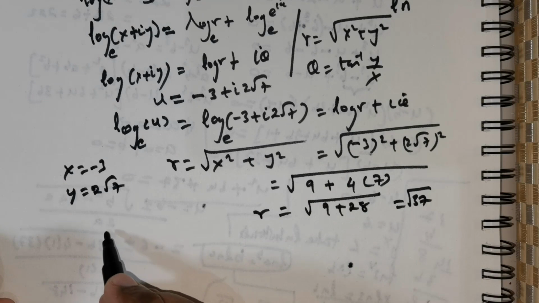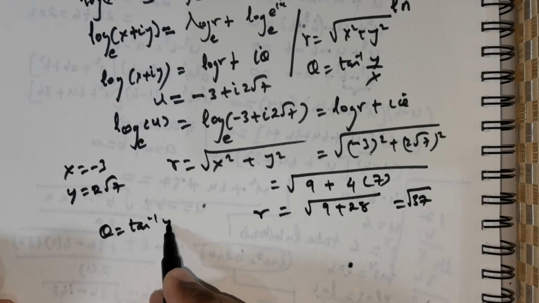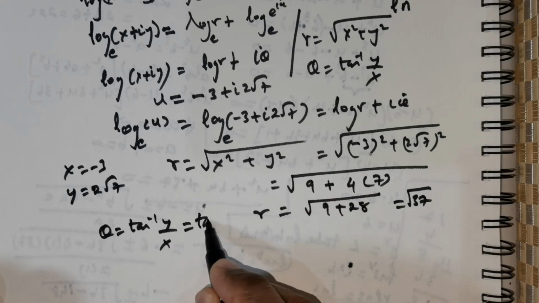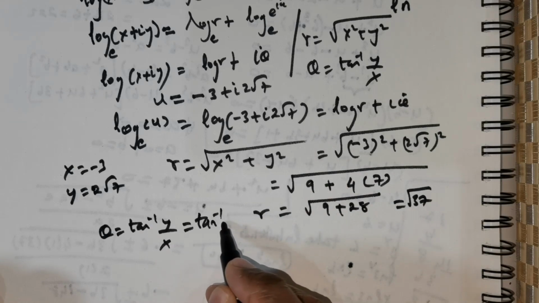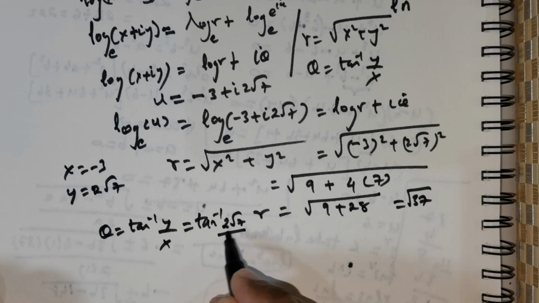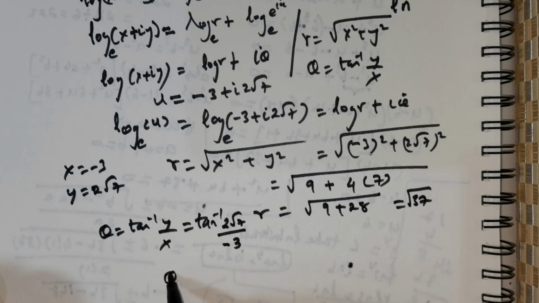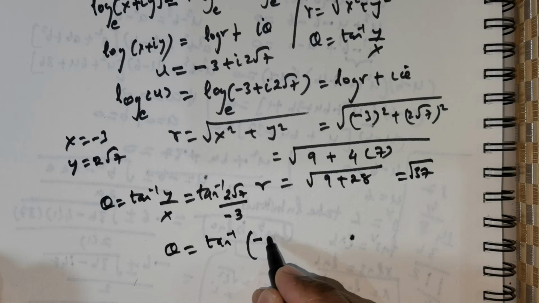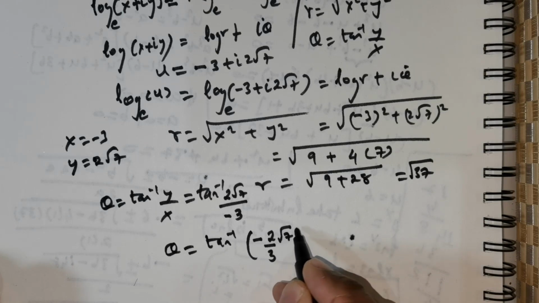Now my iθ. θ is equal to tan inverse of y over x. In this case I'm only taking the positive value. So this is tan inverse of y, which is 2 times root 7, and my x is negative 3. So θ is equal to tan inverse of negative 2 root 7 over 3. This is the θ value.